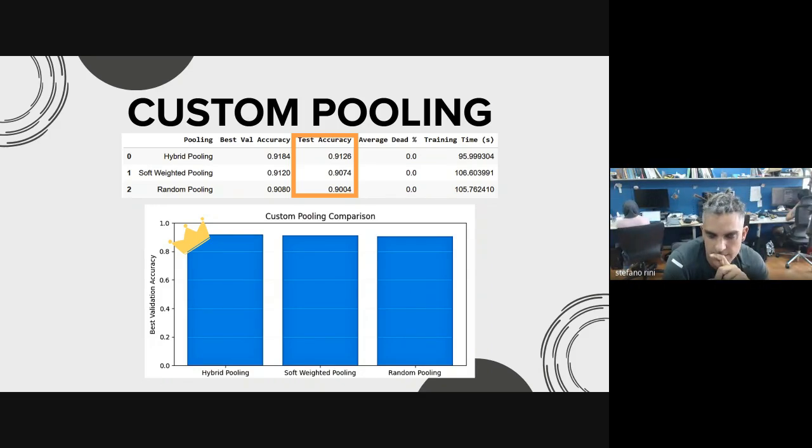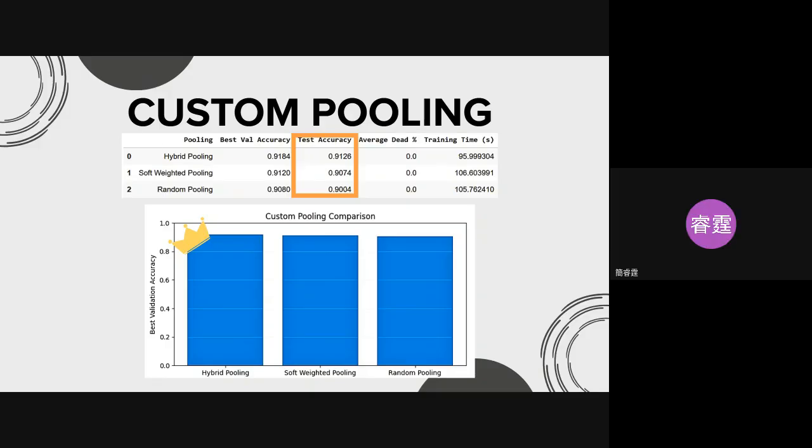Okay, go ahead. The soft-weighted pooling was slightly lower, and the random pooling had the lowest performance among the three custom pooling methods. This result shows that simply adding randomness does not always improve the model.